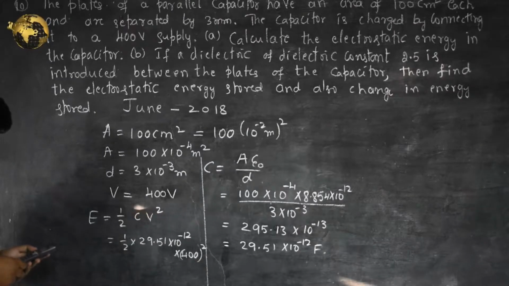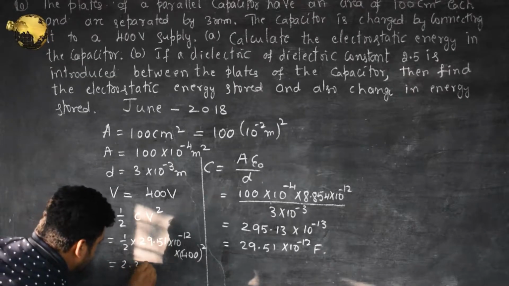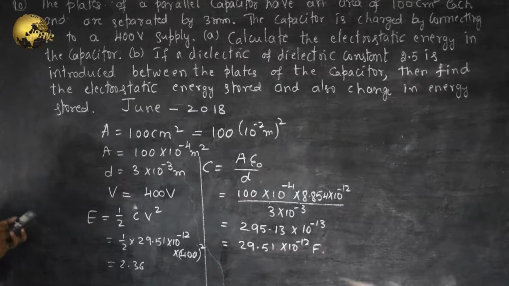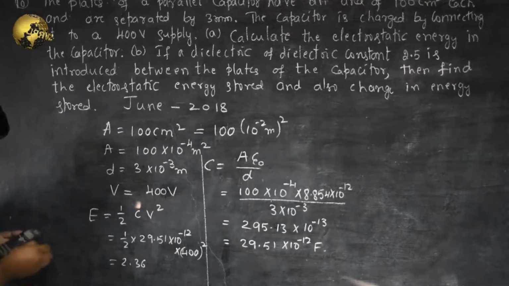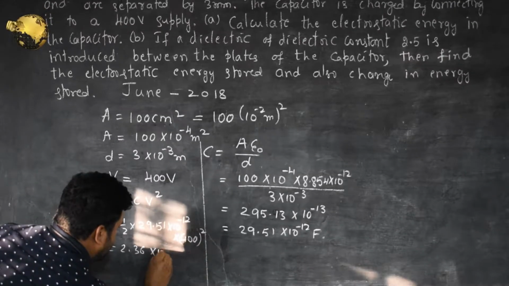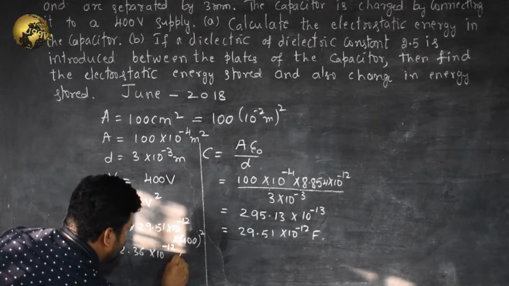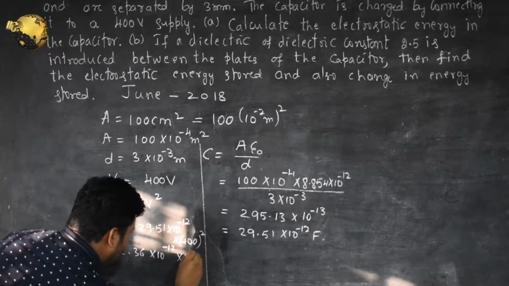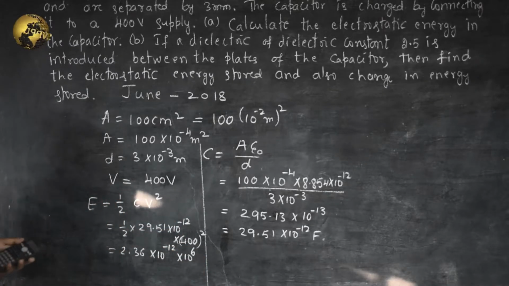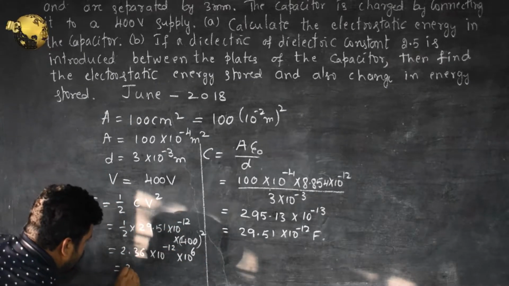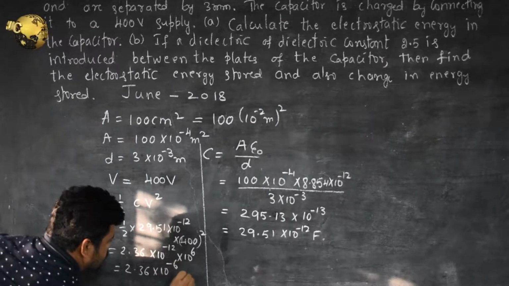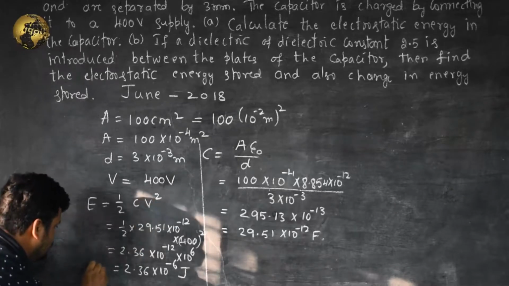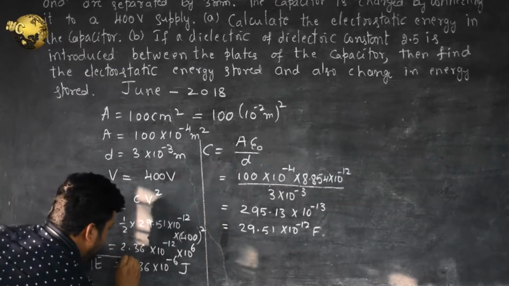Let's find it out. 2.36 into 10 to the power 6. So minus 12 I already have, and 10 to the power 6 I will get. So when I solve this, 2.36 into 10 to the power minus 6 joules. So this is the energy stored in the capacitor.